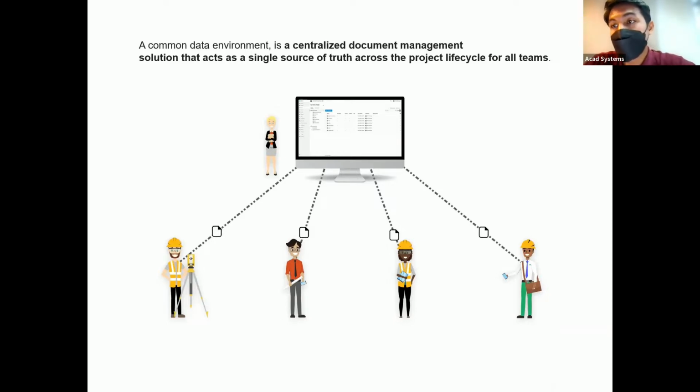So basically, what it means is that for your project, you have one single platform to store all your files, so all your project members can access those files seamlessly. Okay, so everyone will basically refer to just one platform, so from there you can minimize errors and miscommunication between all your project members.